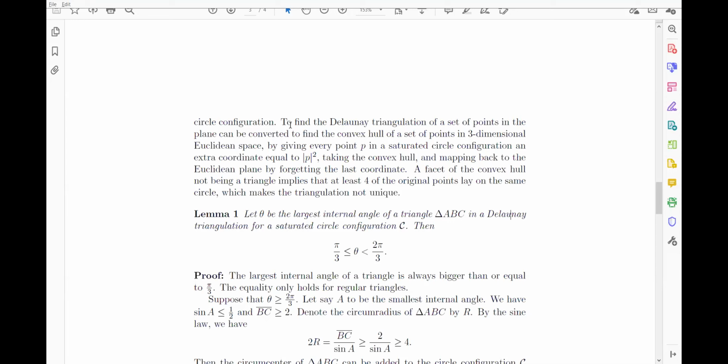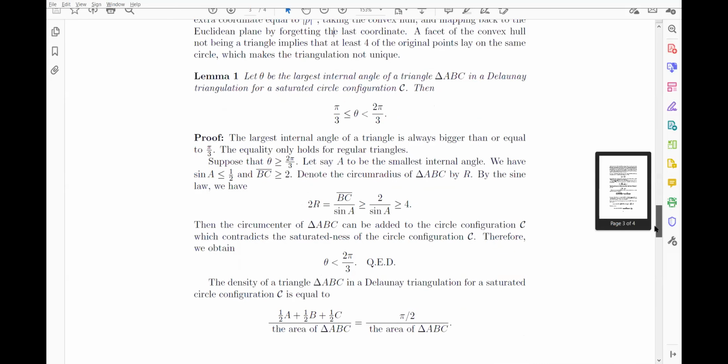And so what lemma 1 is saying is that the largest internal angle is at least pi over 3 and strictly less than 2 pi over 3. Is this limit trivial? Or is there some content to it?